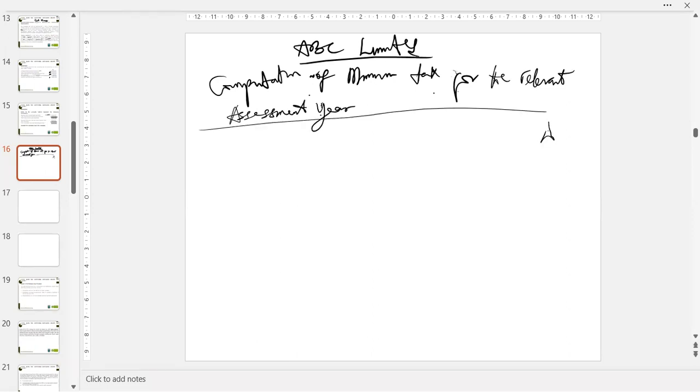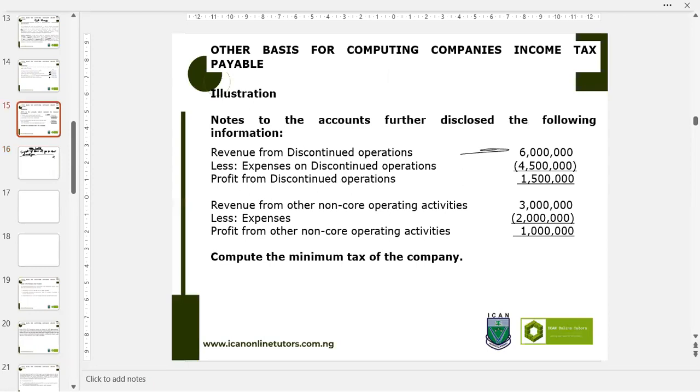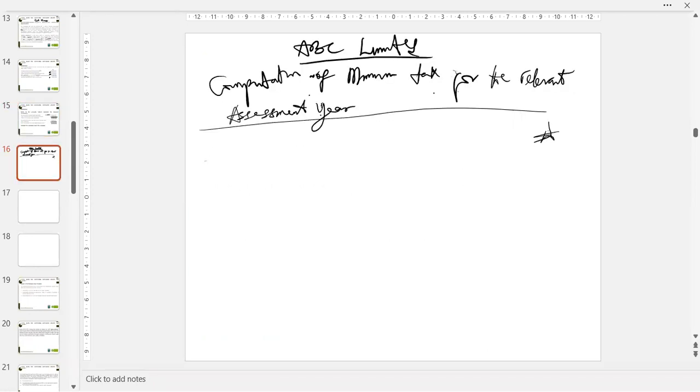Okay, so we have turnover from main business activities. So that's 20 million naira.